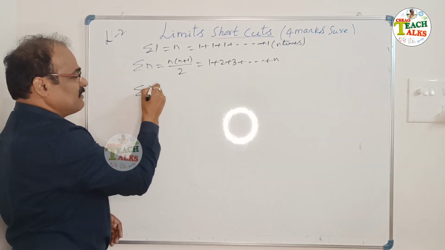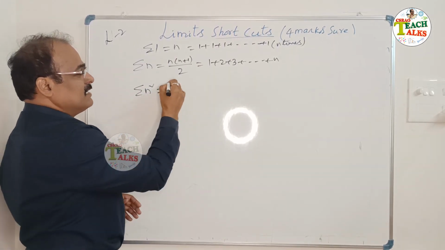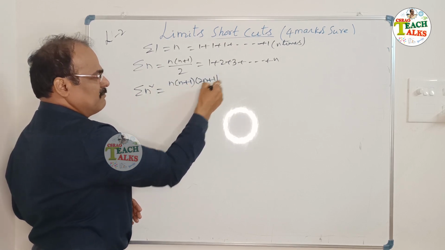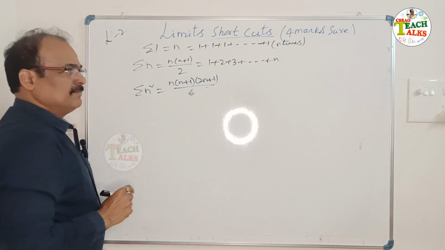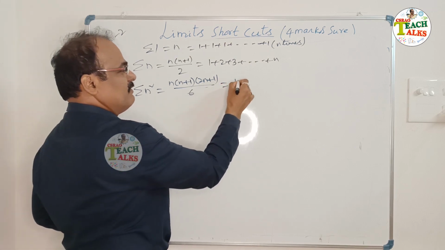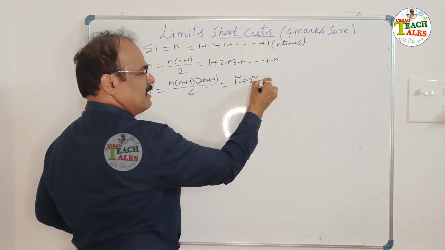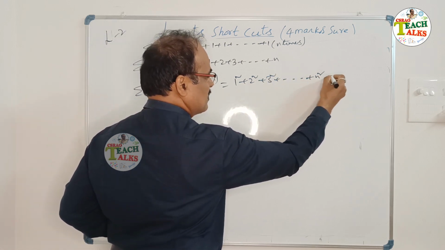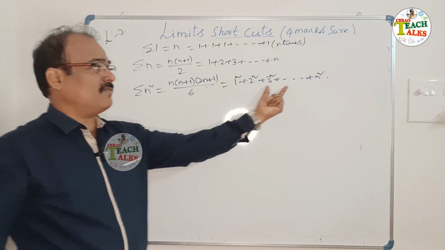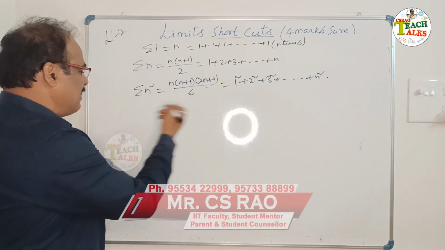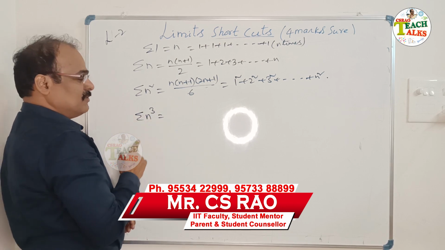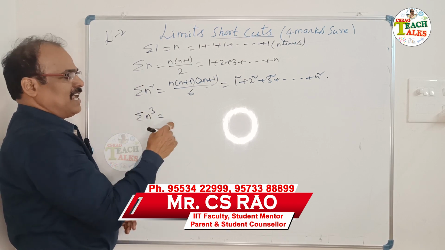And sigma n square is n into n plus 1 into 2n plus 1 divided by 6. We already discussed this in the last class also. It is 1 square plus 2 square plus 3 square and so on plus n square, the sum of the squares of the first n natural numbers. And sigma n cube is the sum of the cubes of the first n natural numbers.